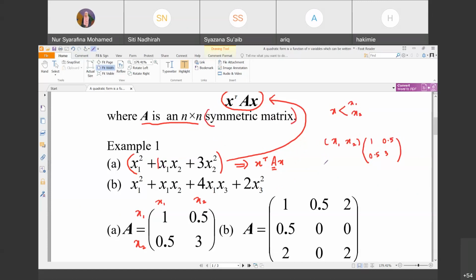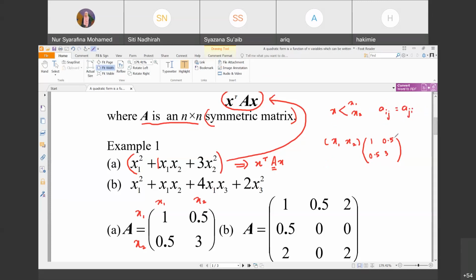Remember what a symmetric matrix is? Anyone? Yes, of course, a symmetric matrix is a square matrix where a_ij equals a_ji.